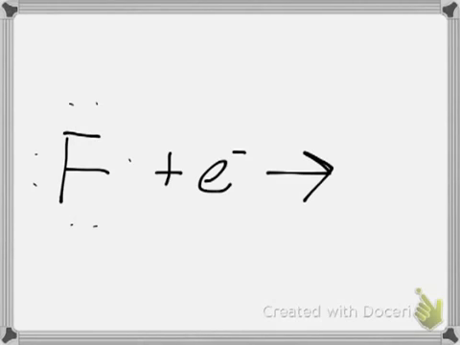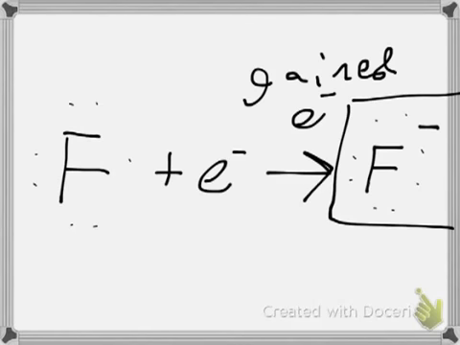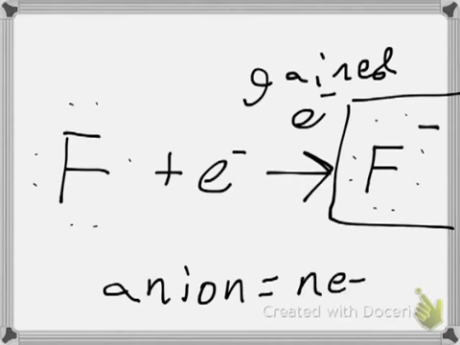So when it gains that electron, it becomes fluorine with a negative charge, because remember, it gained an electron. And this right here that I'm boxing off is called an anion. An anion has a negative charge.